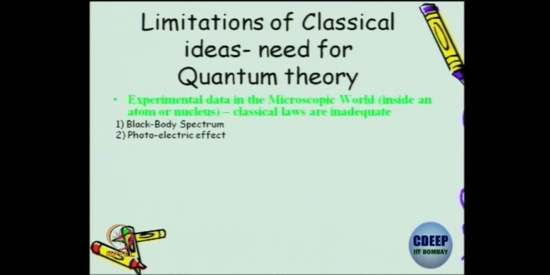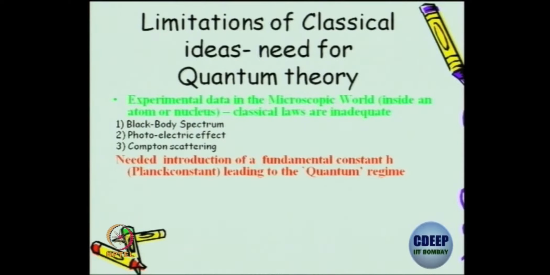The claim that the more intense the beam, the more photoelectric current will flow is not correct, right? You all know. The other thing is the Compton scattering of photons with electrons, where you have also seen how the wavelength changes. These things can be explained only using quantum ideas, not classical ideas.